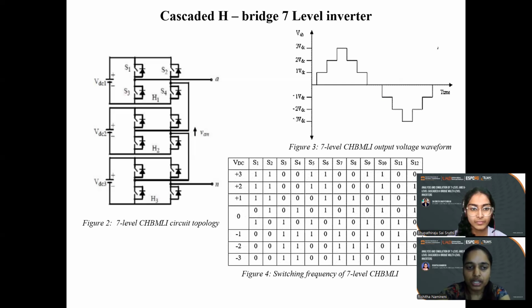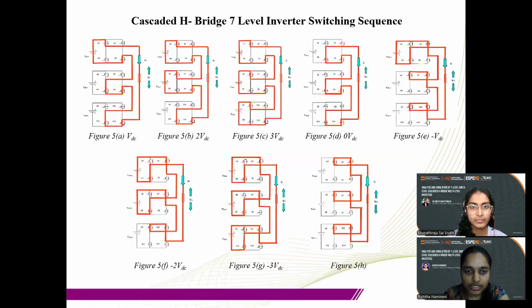Switching operations are used to generate different voltages as given in this figure. When the switches in the MLI are turned on and off according to the switching pattern, the corresponding voltages are obtained. Here, 1 indicates the switch is in the on state and 0 indicates that the switch is in the off state.